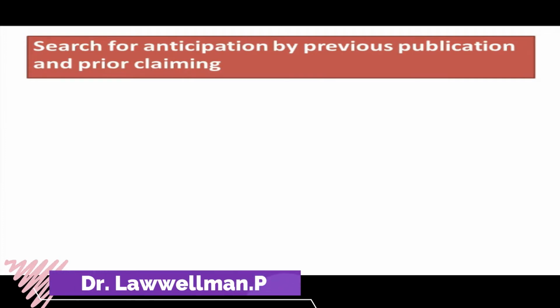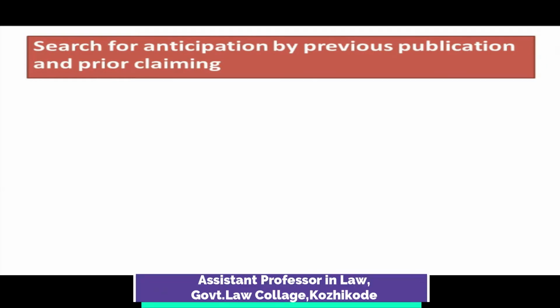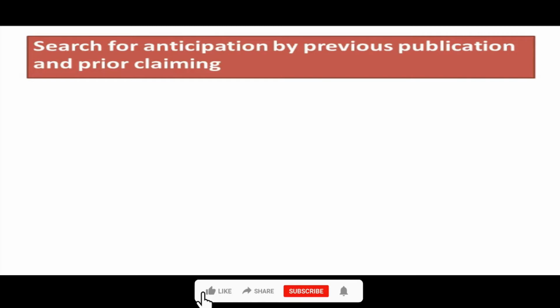The search or examination is made by the patent examiner to verify if the invention as claimed in the patent application is anticipated, whether it is already known, that is, anticipated by prior publication anywhere in the world. We already said that. Prior publication anywhere in the world could mean patent documents, or it could be any other kind of document.